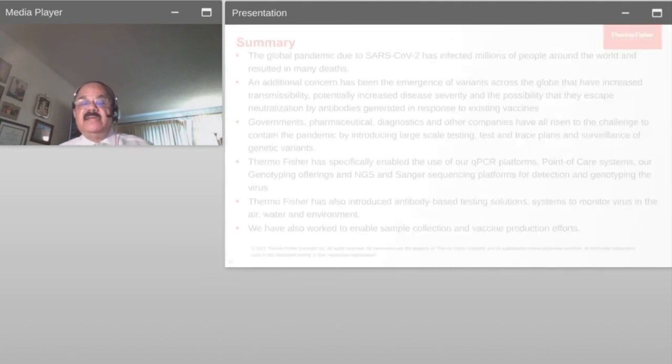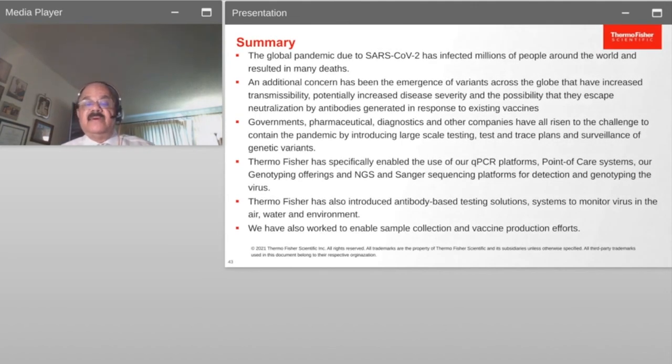So in summary, what we try to go through is that the global pandemic due to SARS obviously has infected millions of people around the world and resulted in many deaths. Additional concern has been the emergence of variants across the globe that have increased transmissibility, potentially increased disease severity, and the possibility that they may escape neutralization by antibodies.